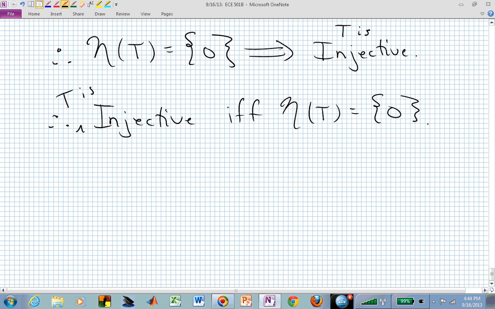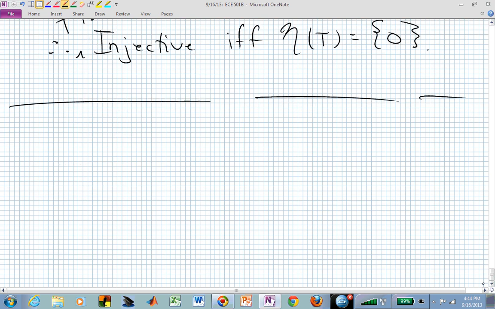Questions on that? So now we have this way of checking to find out if a map is injective. If we can find the null space of that map, then we're looking to see, is that null space trivial? Does it only contain the 0 vector? If it's non-trivial, then we know that map is non-injective.